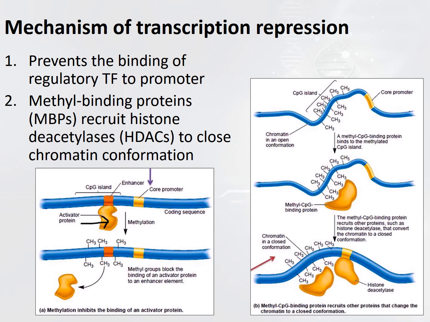And these histone deacetylases modify the neighboring histones and change the chromatin status, making it inaccessible for transcription. So these are the two ways in which methylation of cytosine on DNA can actually repress gene expression.